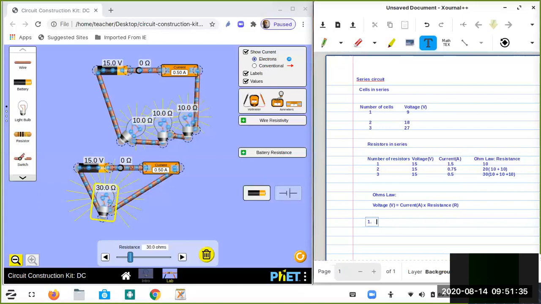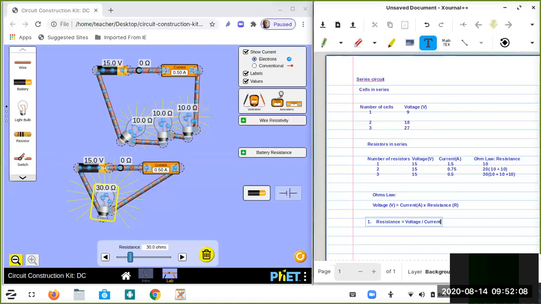So resistance is equal to, then we just make resistance the subject of the formula, which simply means it's voltage divided by current. We are just playing around with Ohm's law. So we just say the voltage divided by the current.